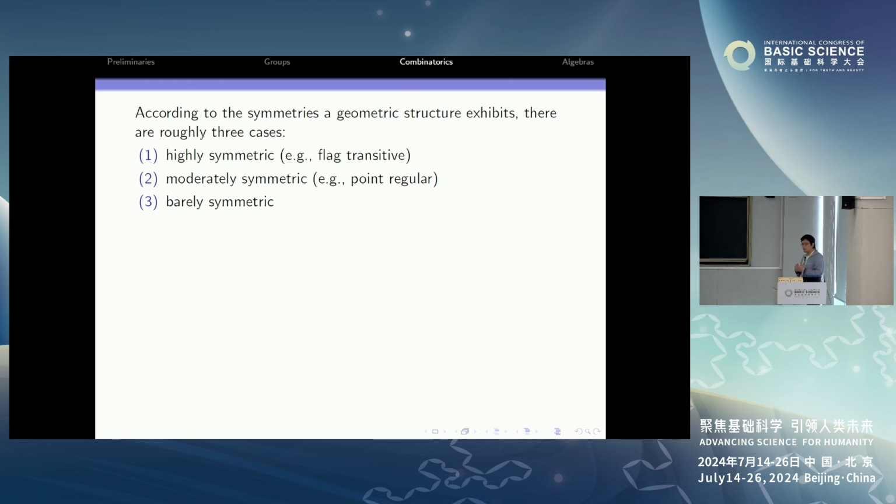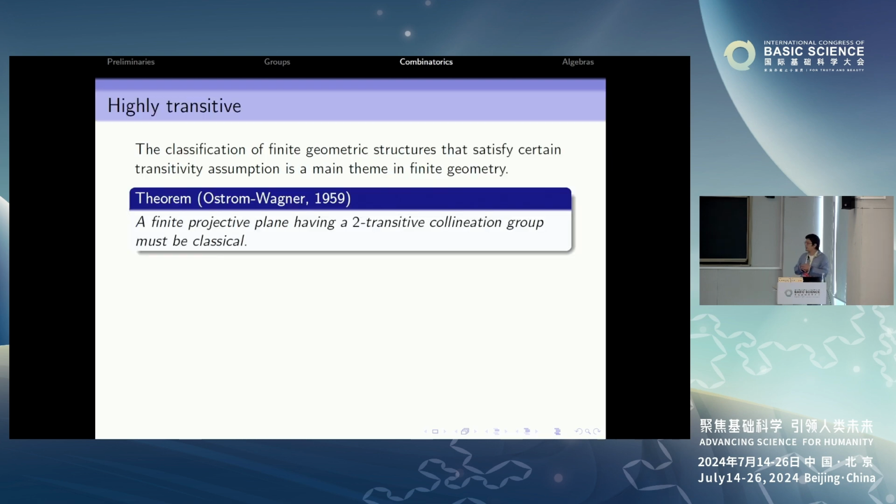Others include the primitivity on points, so point primitive. A weaker assumption would include point regular. So there's a group that is regular on the points, that is transitive on points, and the stabilizer of each point is 1. So we consider these 3 cases separately.